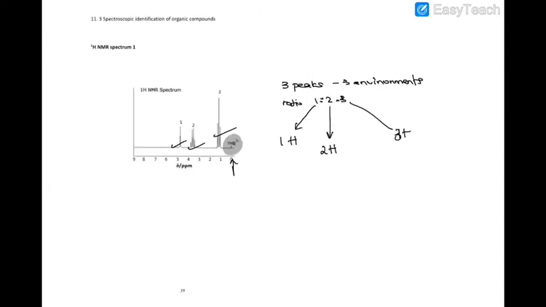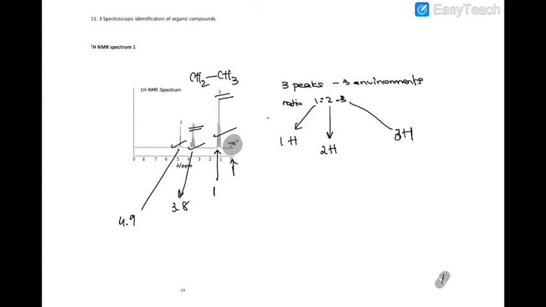Now let's look at the chemical shift values. This is around 1, this is around 3.8, and this is around 4. So already when you look at it, you should be able to identify what it is. Normally, if you see a peak with 3 hydrogens and a peak with 2 hydrogens, it's going to be a CH3 and a CH2.